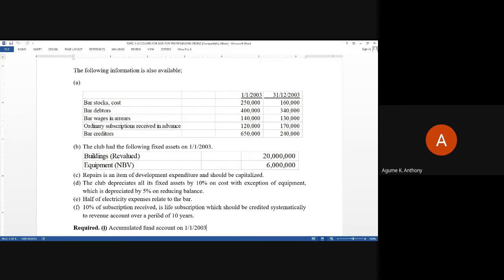Now they're saying that the club depreciates all its fixed assets by 10% on cost, with the exception of equipment, which is depreciated by 5% on reducing balance.